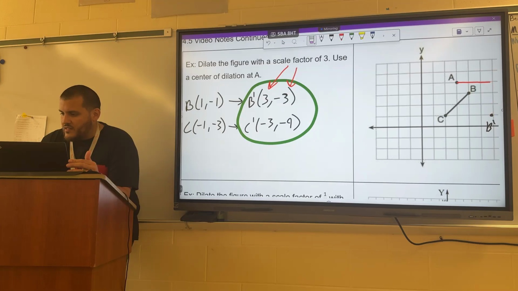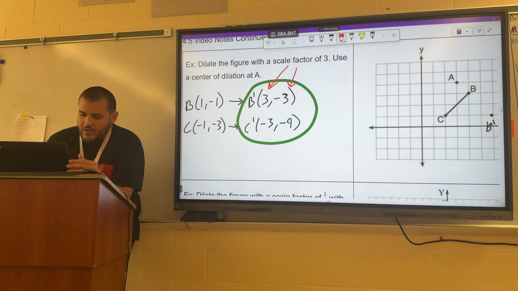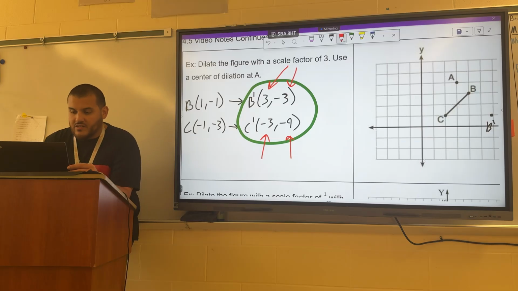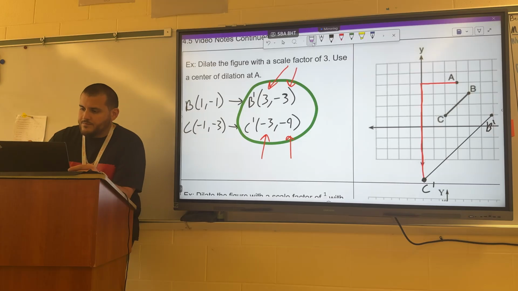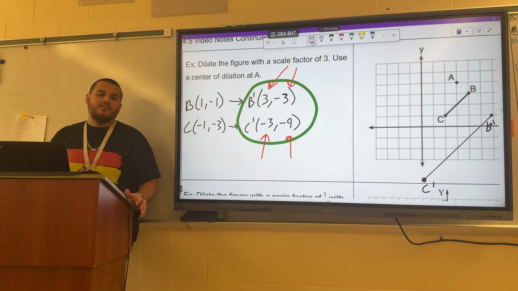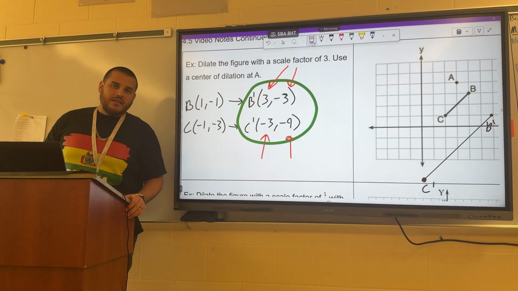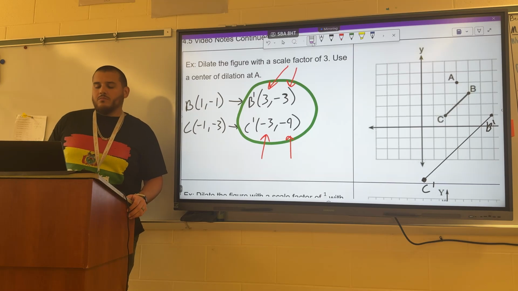Then point C prime, again, this is telling me go left 3, down 9, like a translation. So left 3, down 1, 2, 3, 4, 5, 6, 7, 8, 9. I know that went a little bit off my graph here, but then down here would be C prime. That's how we would graph a dilation when our center of dilation is not the origin, but a different point.